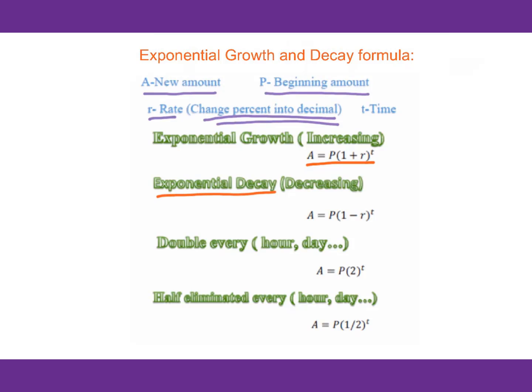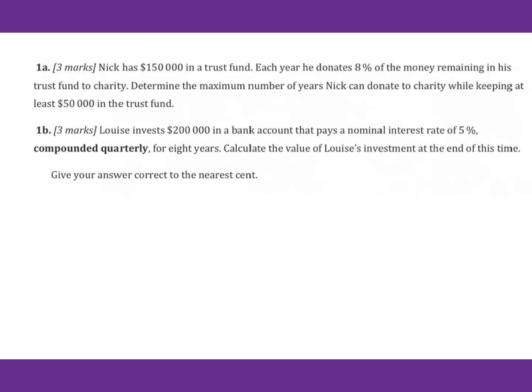Exponential decay, this will be the formula. When you say double every hour, every day, then you use 2 to the tth power. When you say half eliminated every hour, every day, then we use 1/2 to the tth power. Now let's go to some examples.